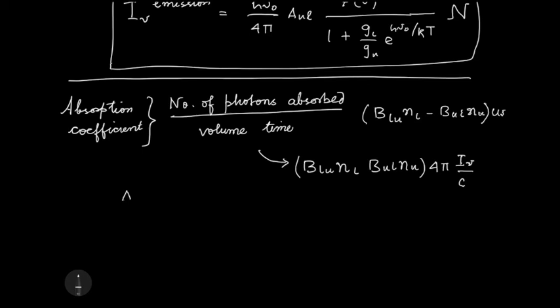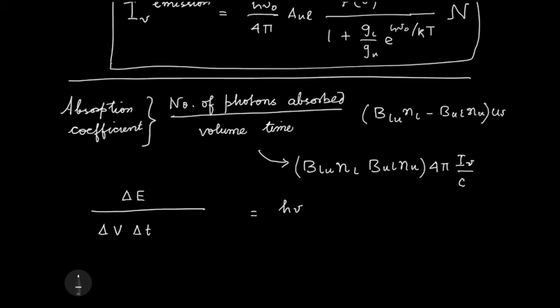So we can ask the question now. Energy absorbed per unit volume per unit time, so that we will agree to translate photons to energy. I have to multiply by h nu.